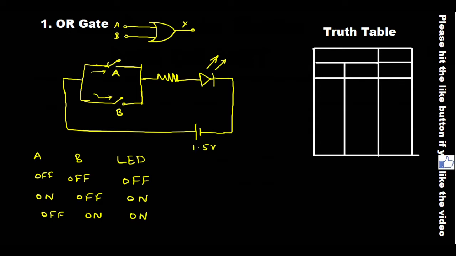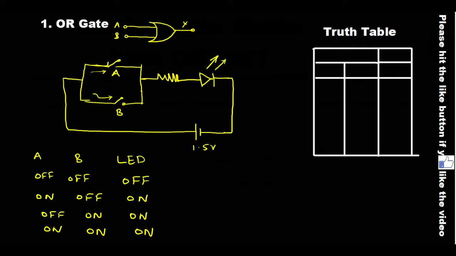So the next combination, I will make both the parallel switches on. Again we'll get the same thing. Both switches are on, so current will flow through it and LED gets on. The same logic is implemented using the OR gate.